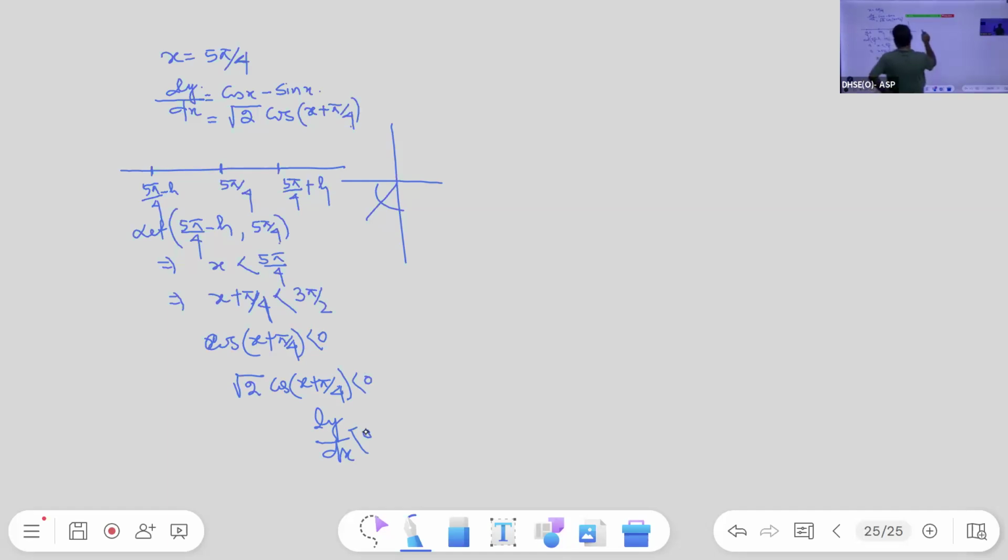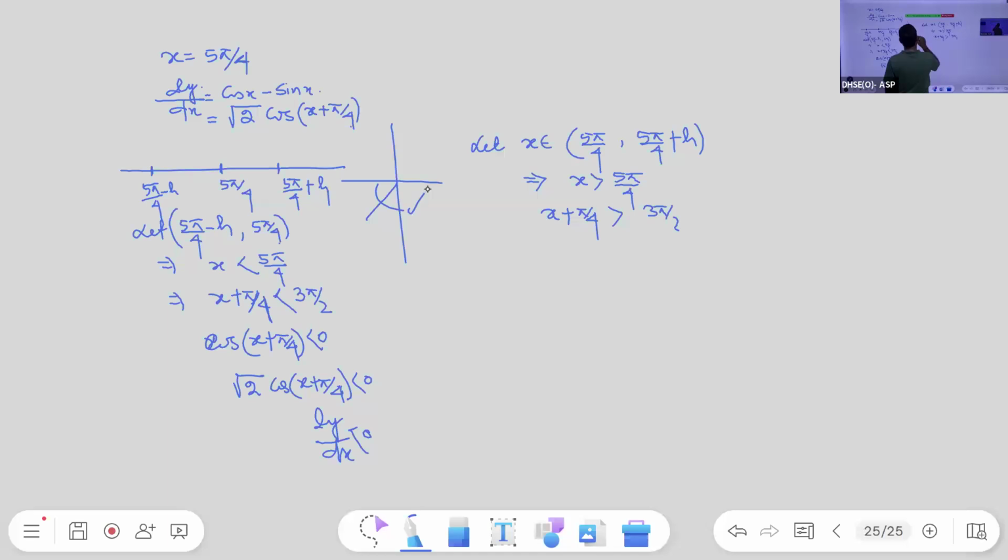Then again let x belong to 5 pi by 4 to 5 pi by 4 plus h. This implies x is greater than 5 pi by 4, so x plus pi by 4 is greater than 3 pi by 2.